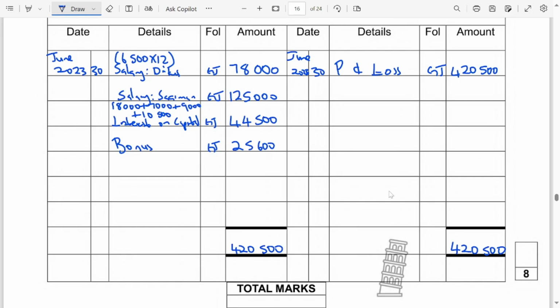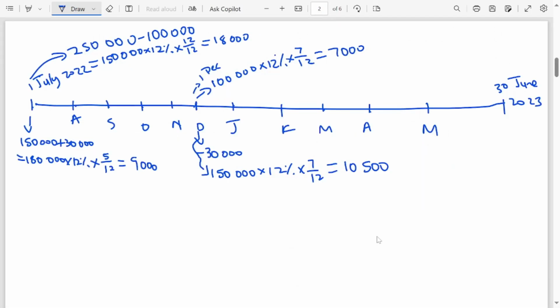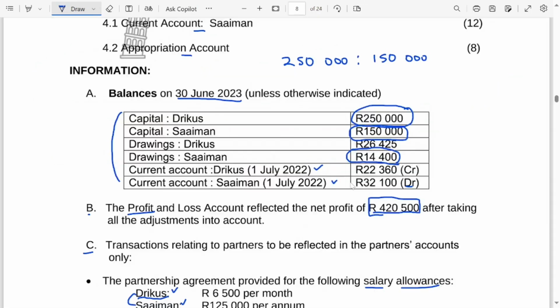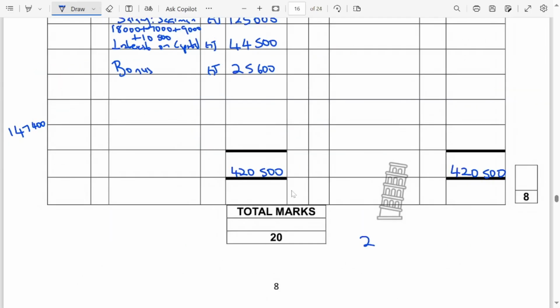So the remaining profit right now is 147,400. Right? So remember, the ratio is 250 is to 150. Right? So the ratio of the partners is 250,000 is to 150.